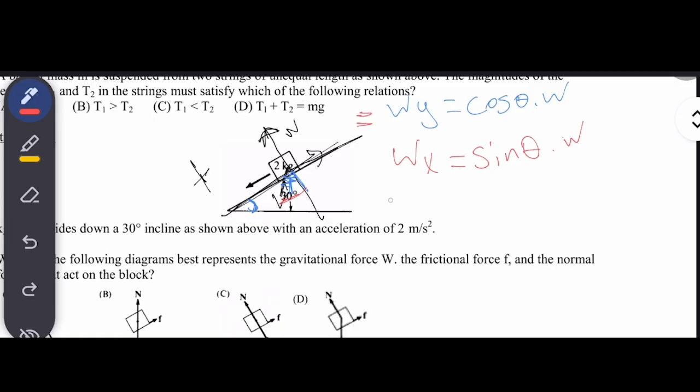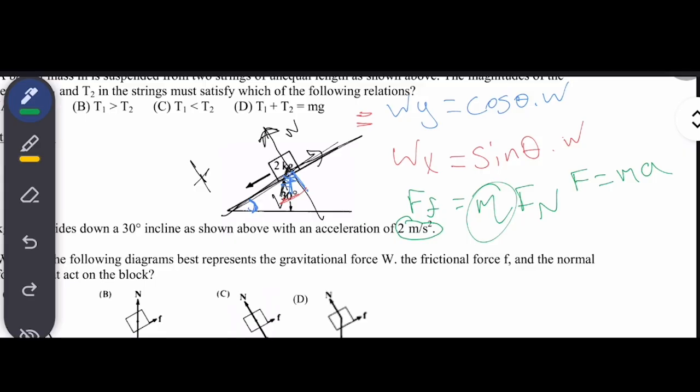And we know that force friction is equal to mu times force normal. And to find all this, we can go ahead and use the F equals mass times acceleration equation. And since we have the acceleration of 2 meters per second squared, we can plug this in to find our value of mu and all the forces acting down and up the ramp.